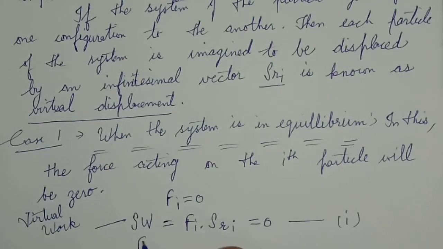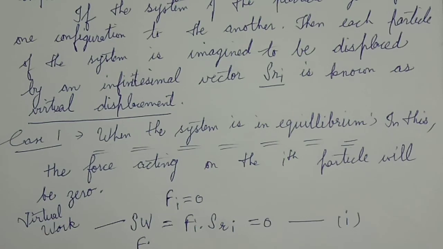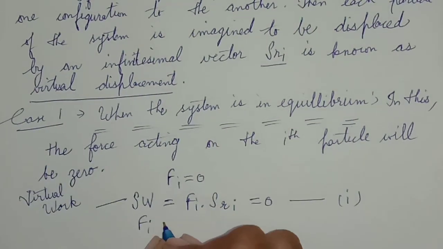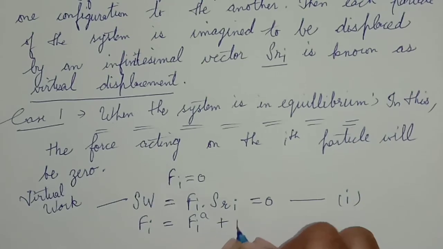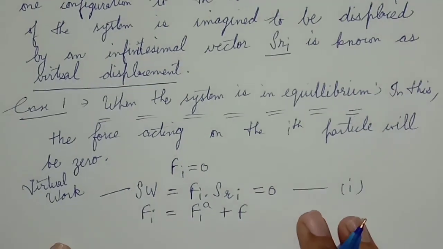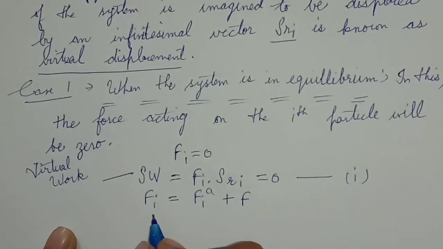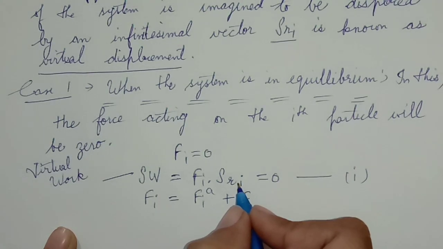Now Fi, which is our force, is the sum of applied force and constraint force. Now put the value of Fi in equation number 1.